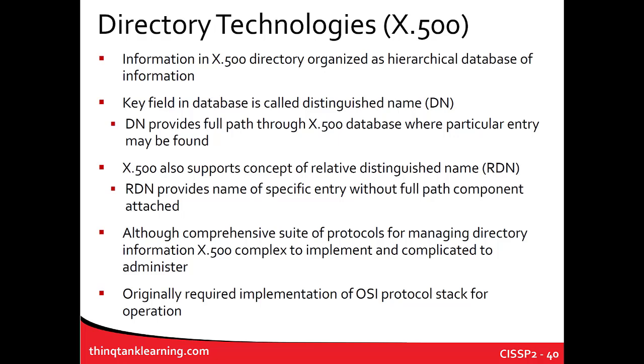Information in an X500 directory is organized as a hierarchical database. That's what I was just literally saying in the last section, right? Key fields in the database are called distinguished names. The hierarchy itself kind of mirrors things like OUs, organizational units, departments, geographic regions.